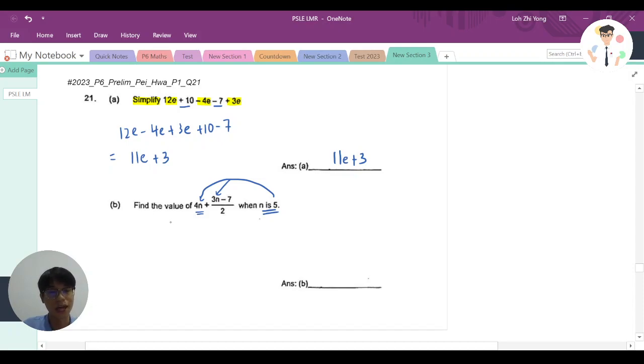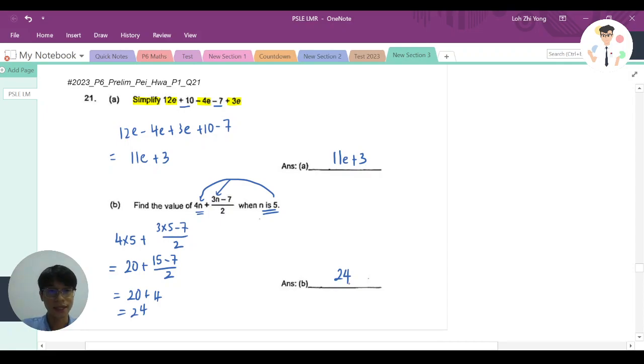So it'll be 4 times 5 plus (3 times 5 minus 7) divided by 2. So 4 times 5 is 20. 3 times 5 is 15. 15 minus 7 is equal to 8. 8 divided by 2 is equal to 4. So the answer is 24.